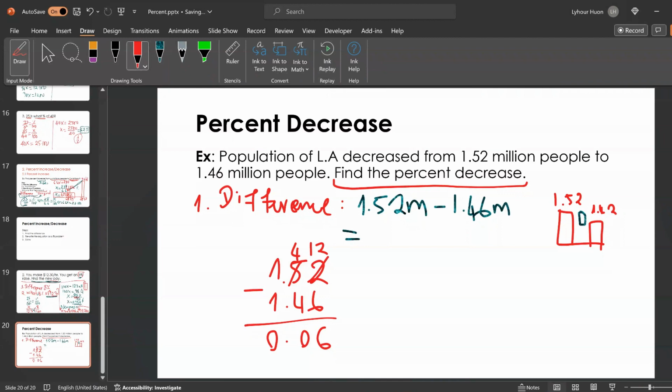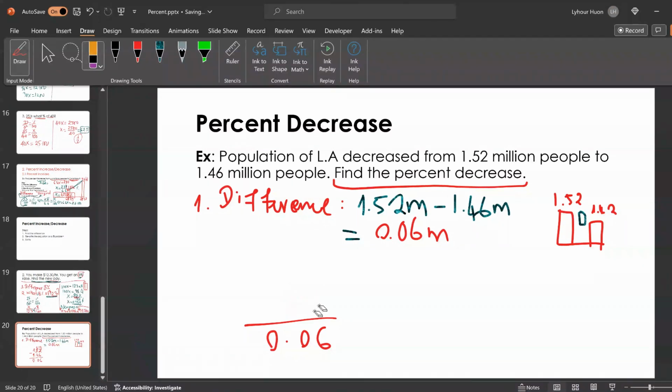Not 1, right? Because this is also 1, this is also 1. It's 0.06 million. What is 0.06 million equal to?